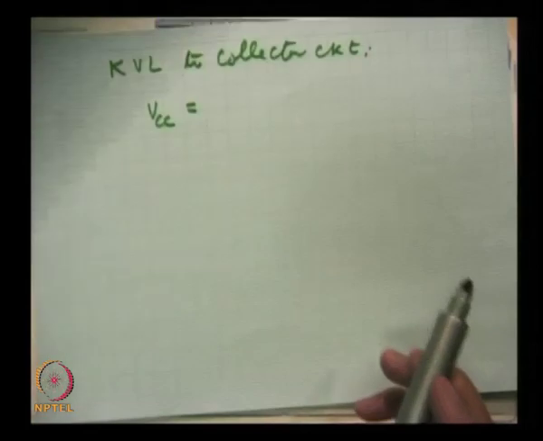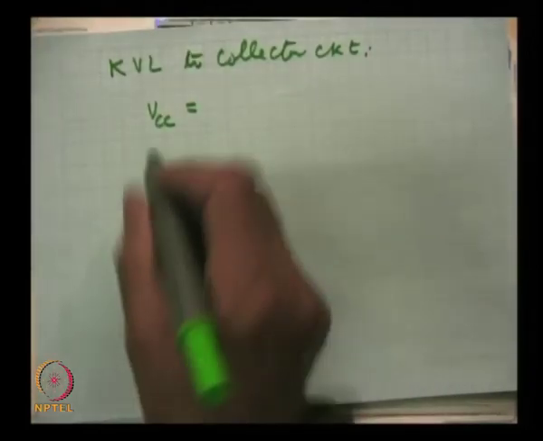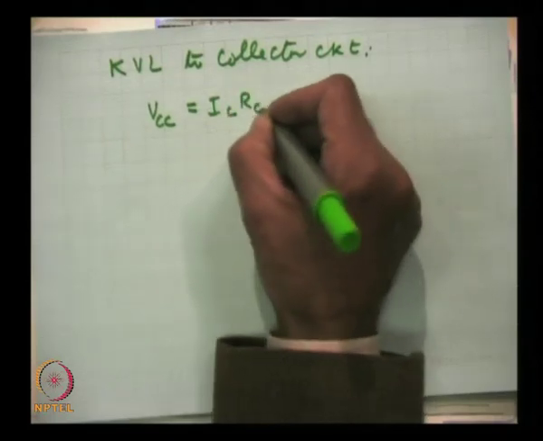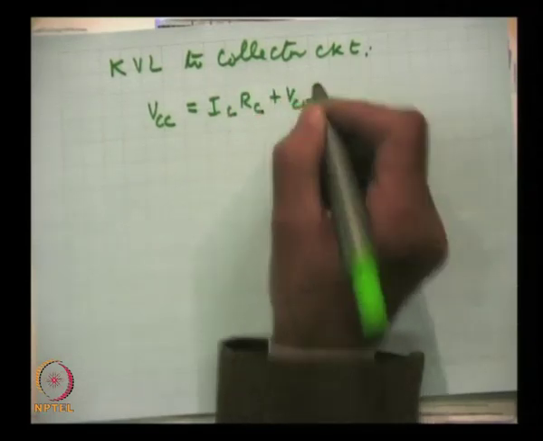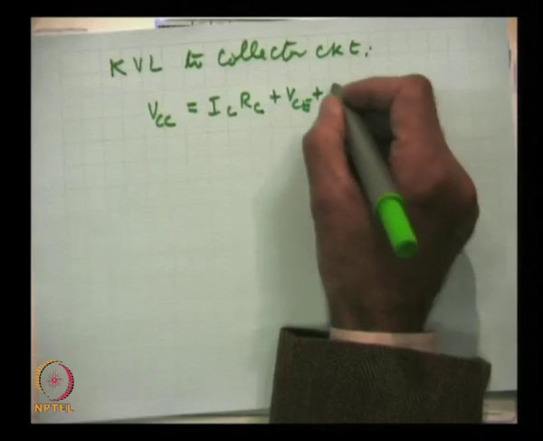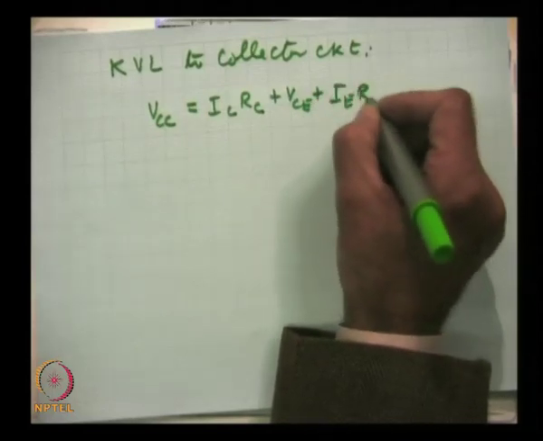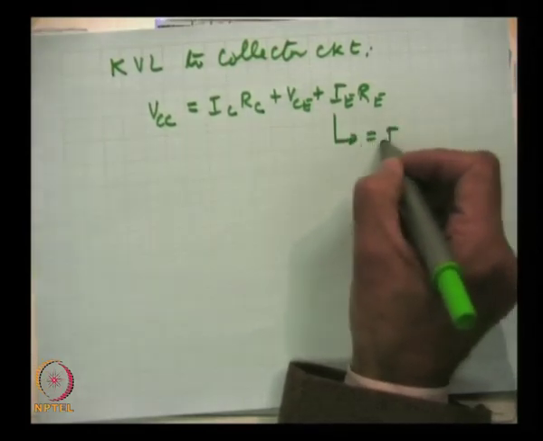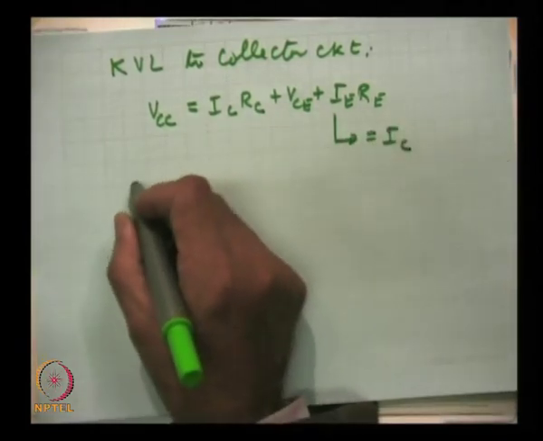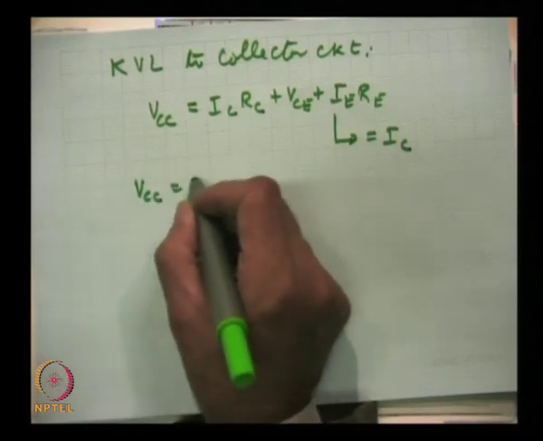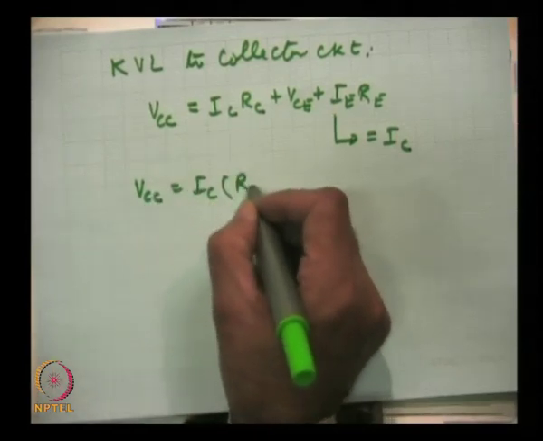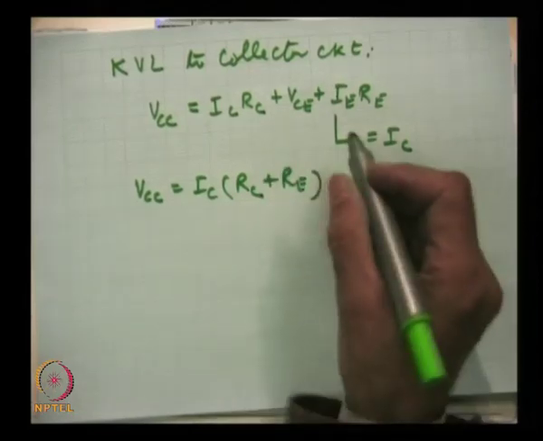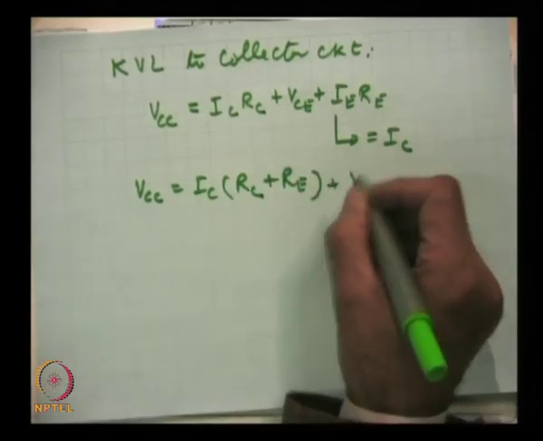So, VCC is equal to IC RC plus VCE plus IE RE, but IE is almost equal to IC. So, this equation then becomes VCC equals IC times RC plus RE, plus VCE.